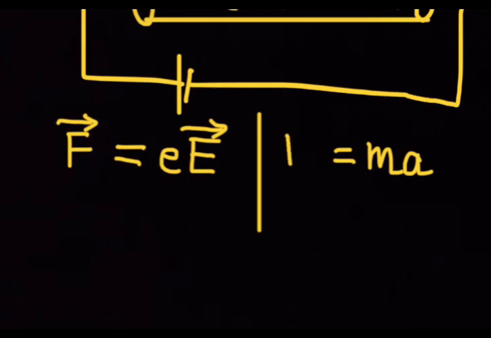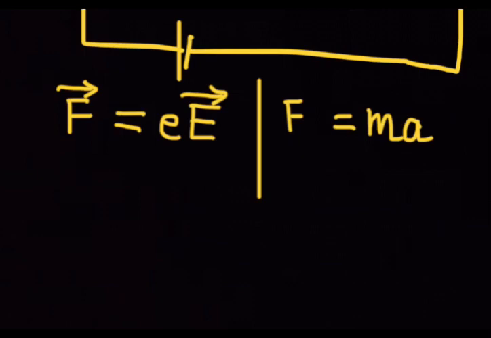Then, according to Newton's second law, the force on the electron is also represented as m into a. So the electric force eE can also be written as ma. Both represent the same force on the electrons.